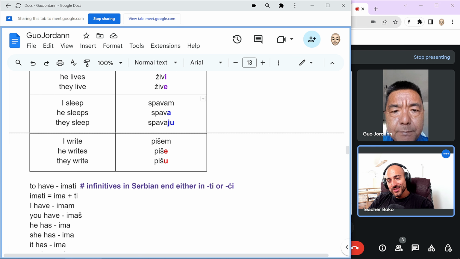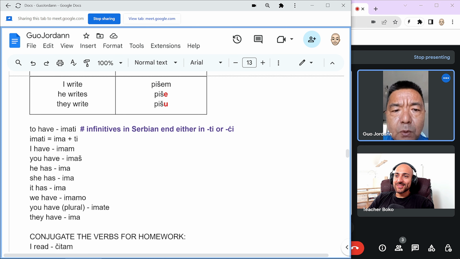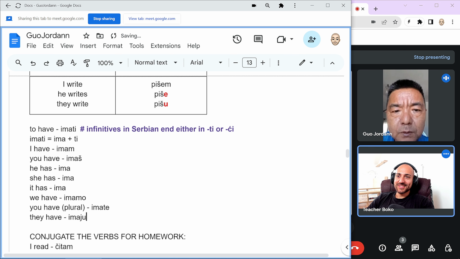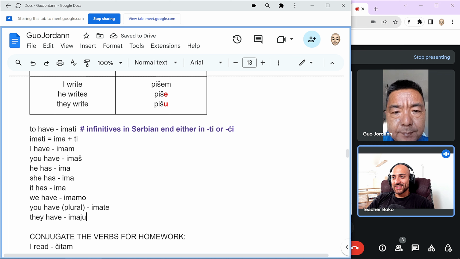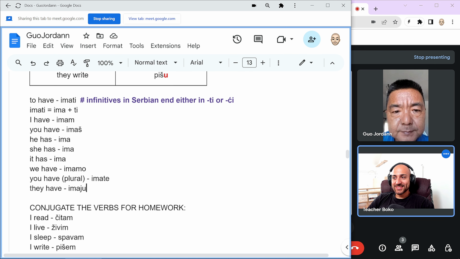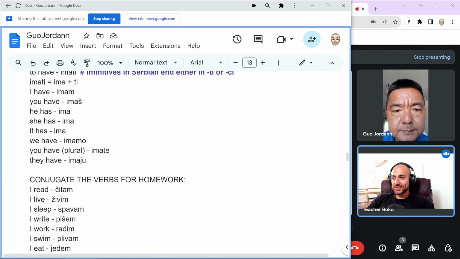Spava, spavaju. Imaju. Exactly. So they have imaju. Yeah, that's how we make it. That's how we conjugate it.